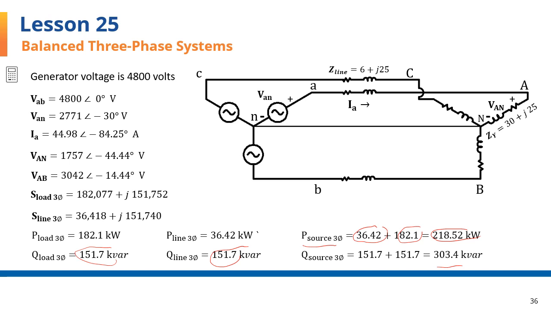Of course, we could have alternatively found the complex power for the source as 3 times VAN times IA conjugate. Instead of adding these together, we could have used the equation for complex power. VAN times IA conjugate times 3 would give us the same values that we found here.